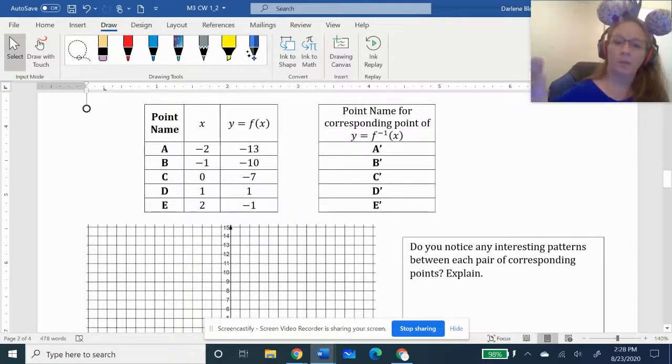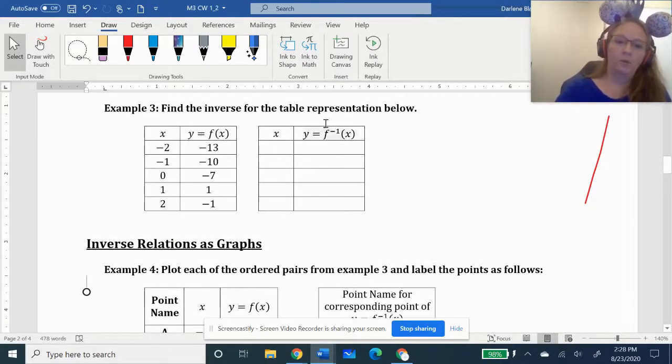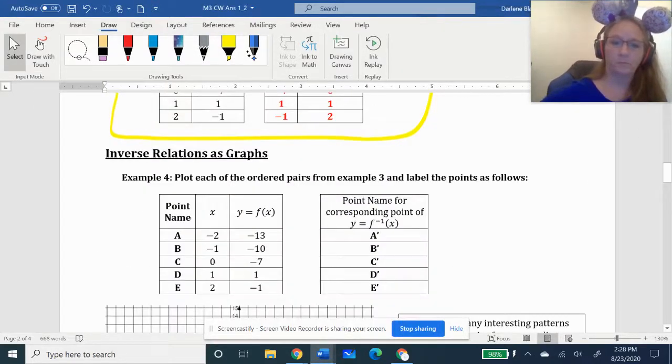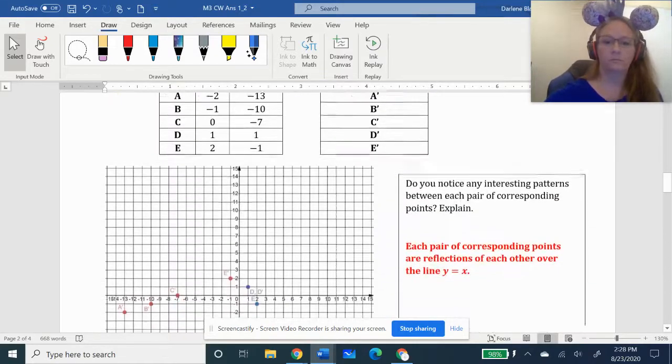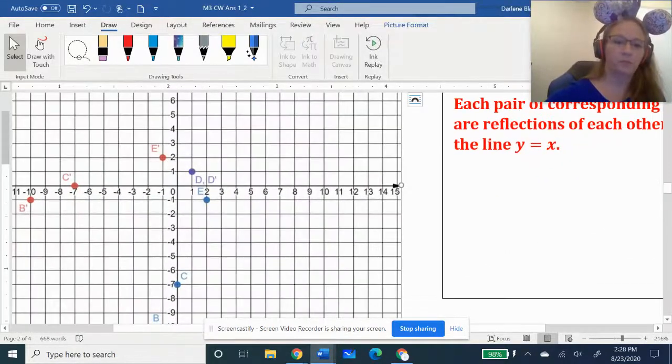Now, make sure that you also plot the prime ones. So basically that means you are going to take what you got in this table and plot those points too. Now for the answers. Here's what you should be seeing.